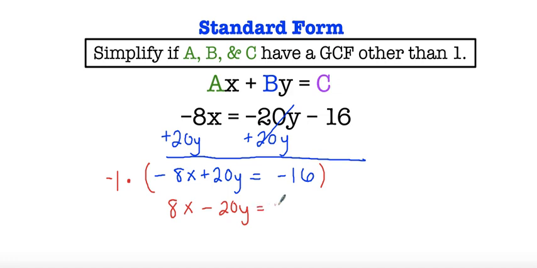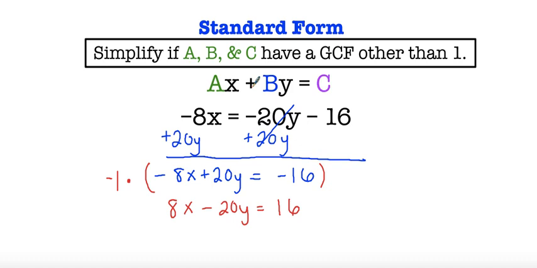And negative 1 times negative 16 is positive 16. So here I have 8x minus 20y is equal to 16. And so it is in the correct order. A is not negative, and A, B, and C are all integers.